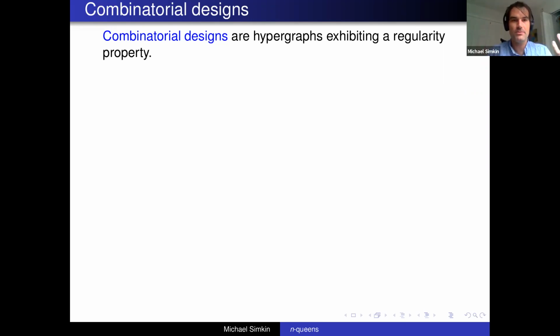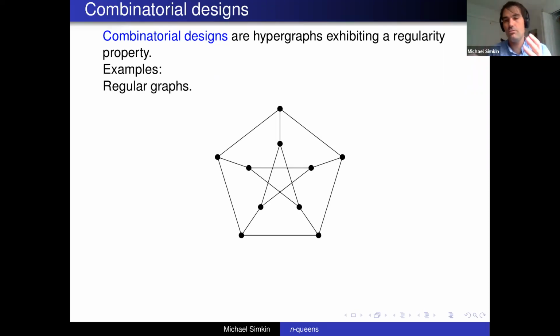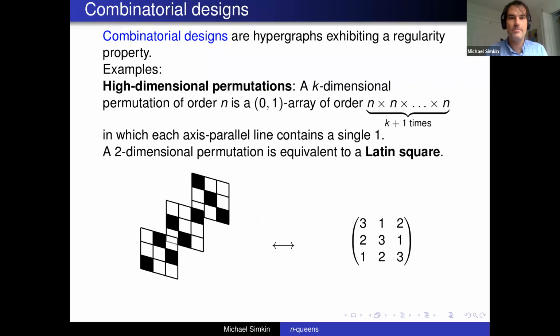And here are some examples. So regular graphs. A graph is a collection of vertices and edges. A graph is regular if every vertex is in exactly the same number of edges. So this is an example of a combinatorial design. Here's another one. A Latin square.